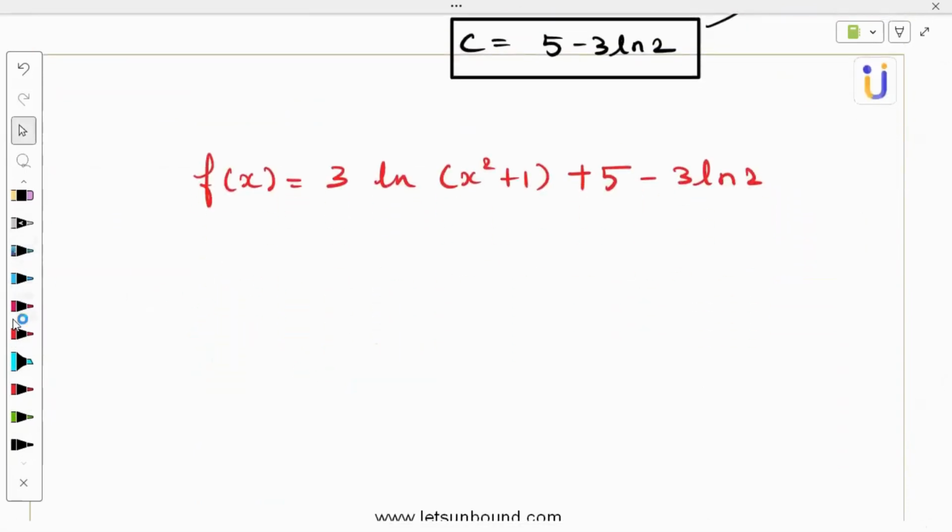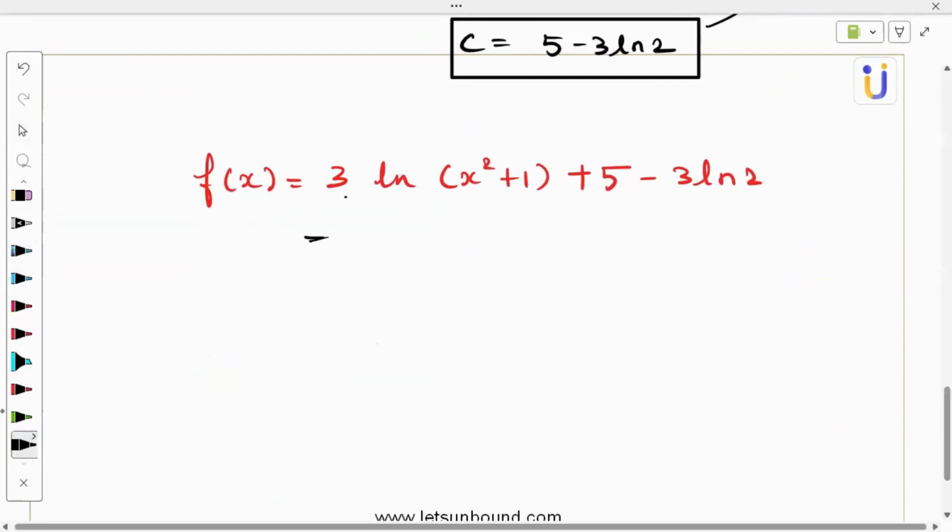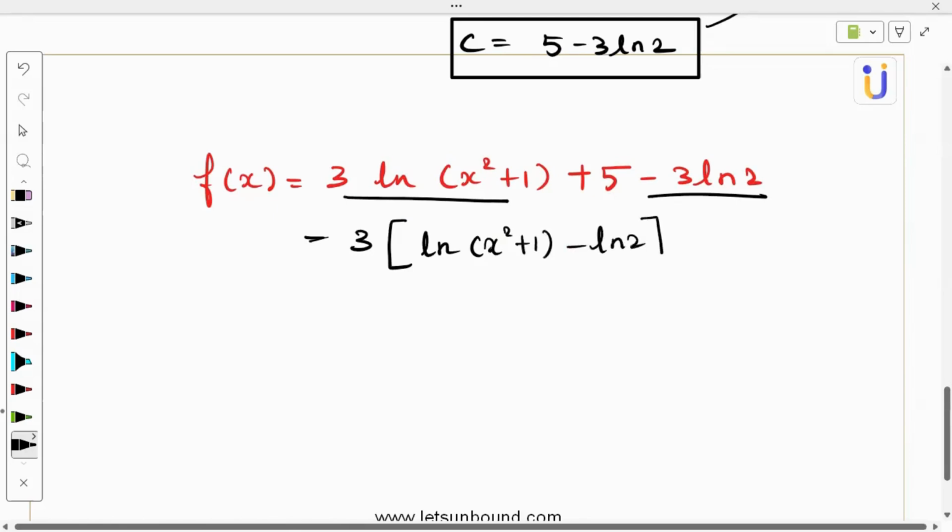Further simplification can also be done. This is the answer, but for the best answer, let's give 3 ln x square plus 1 minus 3 ln 2 plus 5. Take the 3 common and you will get ln x square plus 1 minus ln 2, plus 5 equals. So 3 single ln.